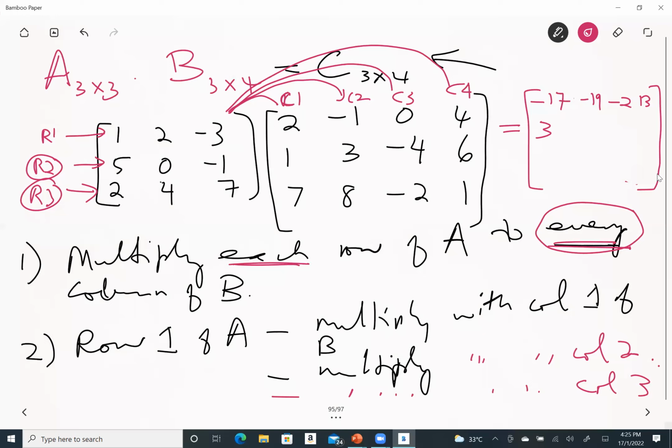Negative 13. Okay, somebody else check, make sure this is right. Okay, the third element here? 2 plus 19. Okay. Is it right? Somebody verify. Okay, let me see.